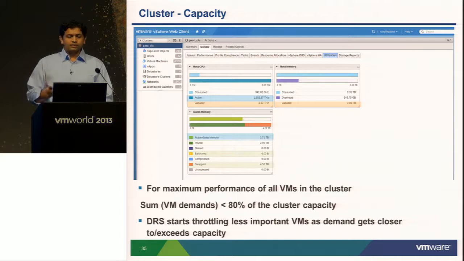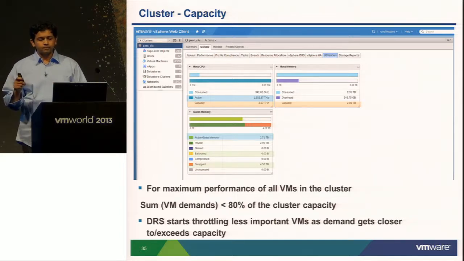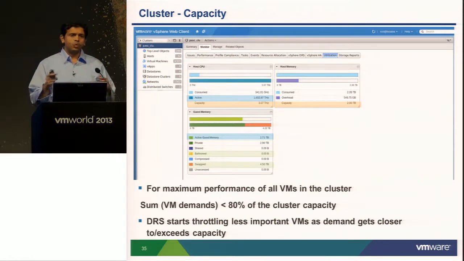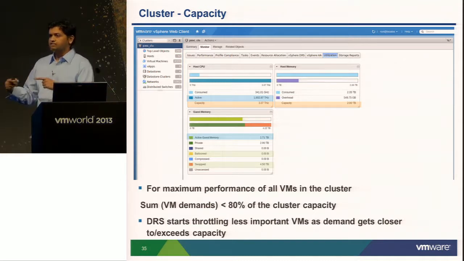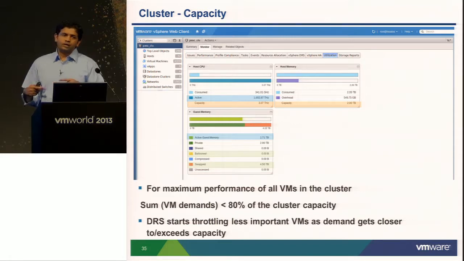One other thing to look for on this page is the swapped and ballooned memory. If you have a lot of swapped memory, that's bad, because the performance of the VM might go down a cliff and the VMs might suffer. Ballooning is not always bad, because if you have ballooning and the guest is not actively swapping internally, it shouldn't cause performance degradation.